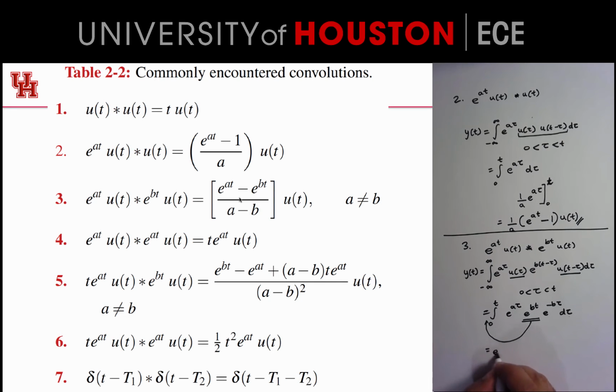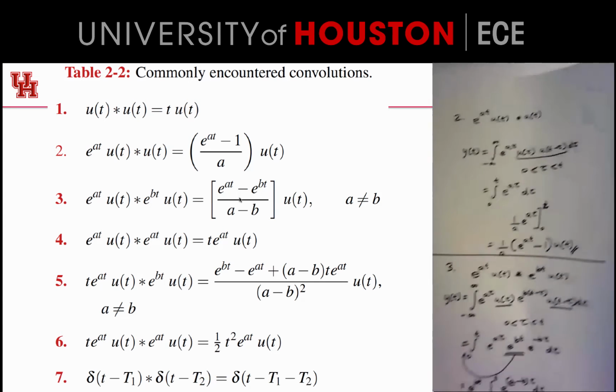So we get e to the bt, integral from 0 to t, e to the a tau minus b tau, which is simply a minus b times tau, d tau.